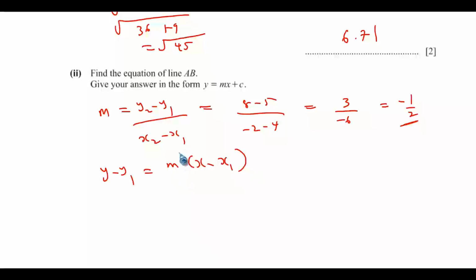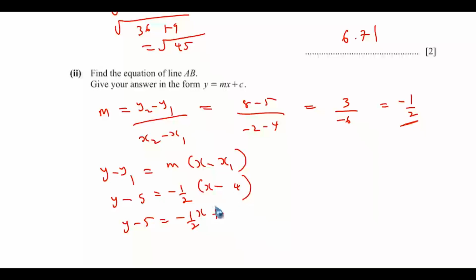Okay, so if you key in the values, we have y minus 5 equals the gradient minus 1 over 2 into x minus 4. Okay, x minus 4. Okay, so now let's expand the bracket. So this will give us y minus 5 equals minus 1 over 2x, the minus and minus give plus.